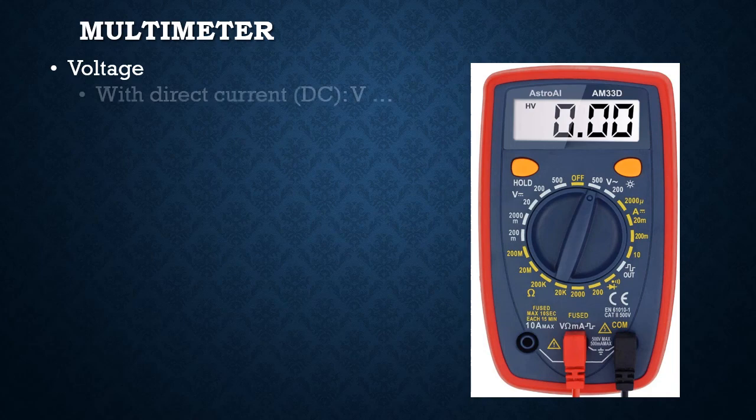So we use the dial on this multimeter to go towards the DC voltage position, okay, direct current. And that's the portion of the dial that's marked with the V, and then it has a horizontal line with 3 dots under it. Okay, that's the part that we will be using in this class.